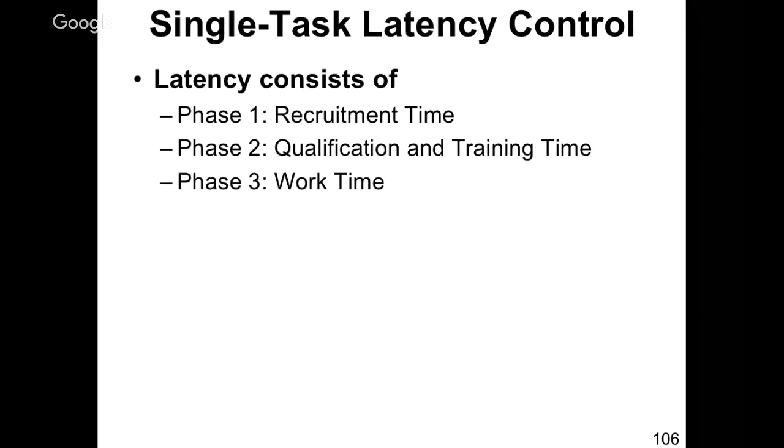Once you get the image, you are going to publish it to a crowdsourcing platform. But it's not often the case that a crowd worker will come to your task and do it right away. So usually there's some time called recruitment time, which is the time you spend recruiting a worker to come to your task and do it.